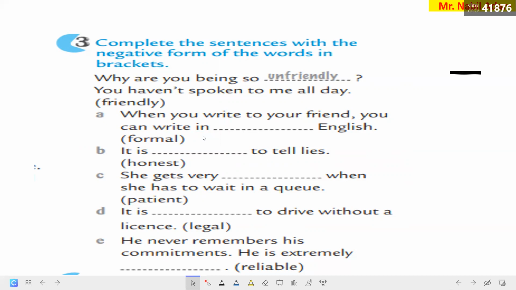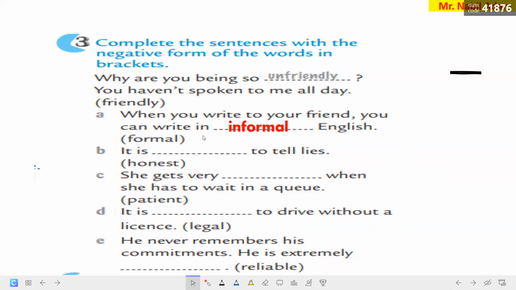Impatient. Legal. What's the opposite for legal? Illegal. Reliable. What's the opposite for reliable? Unreliable. Okay. Now read the sentence and complete with the negative form of the words in brackets. A, formal, informal.